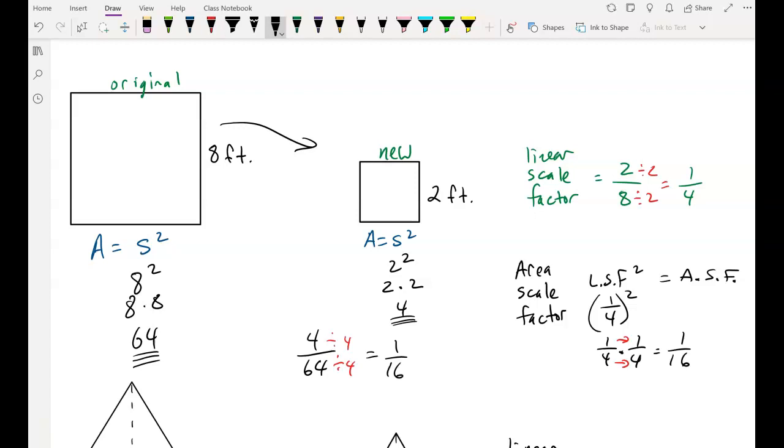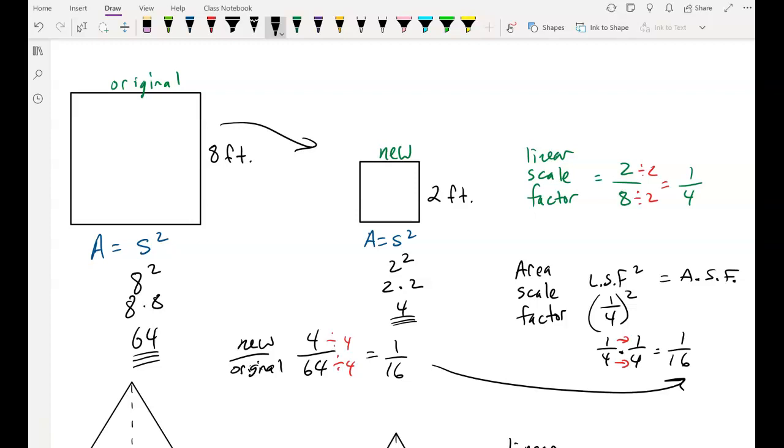So that worked. We did it the old-fashioned way by dividing new by original, and we got 4 over 64, which equals 1/16, which we already found by just squaring the linear scale factor. That's pretty fantastic.